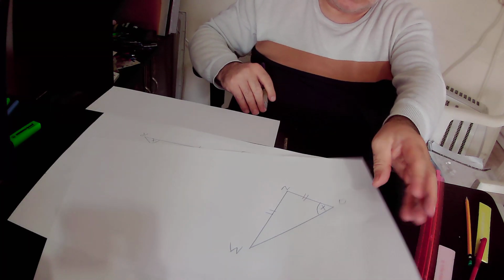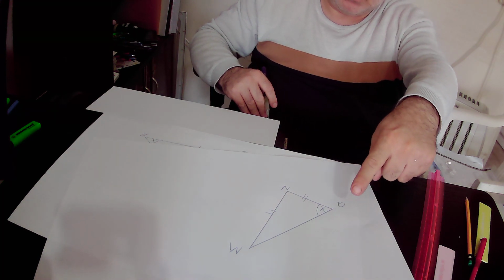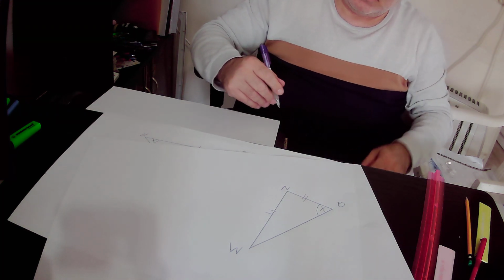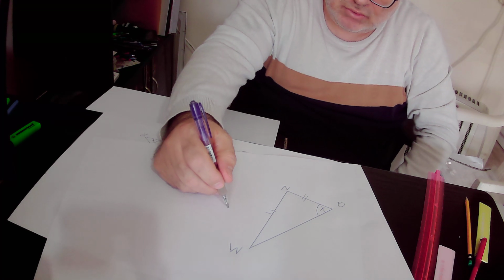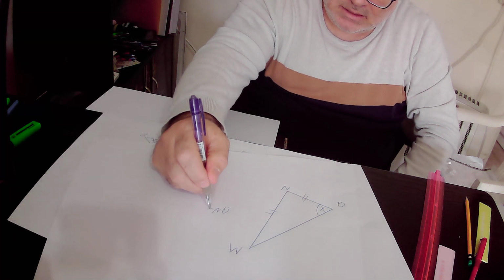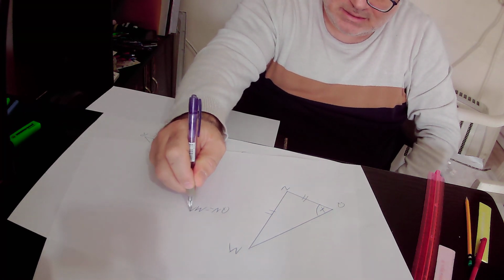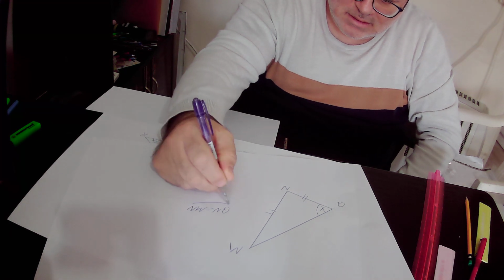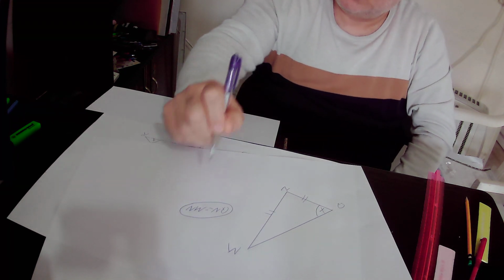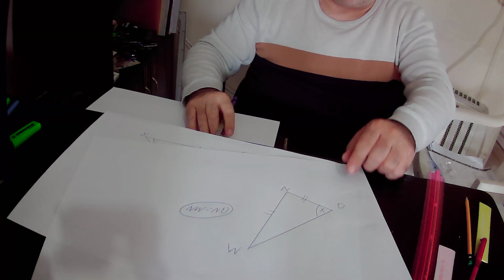So this is triangle QMN, and we found out that QN equals MN.